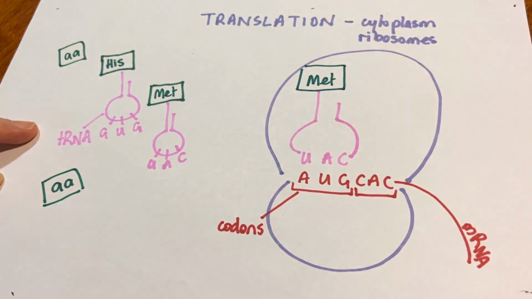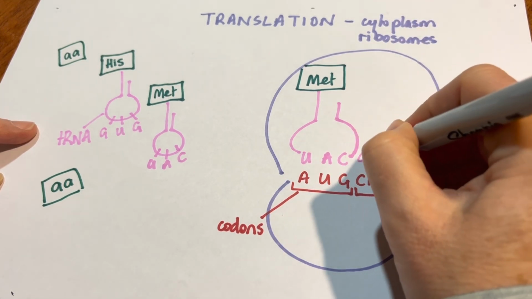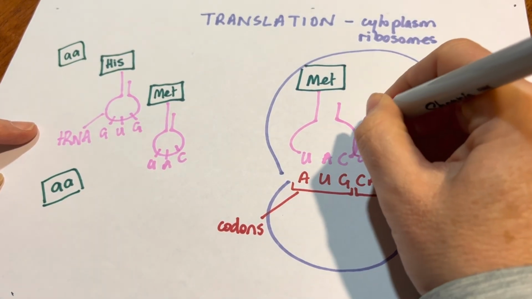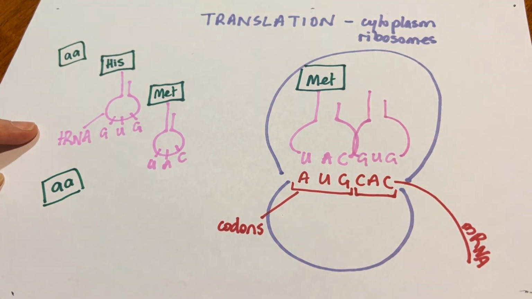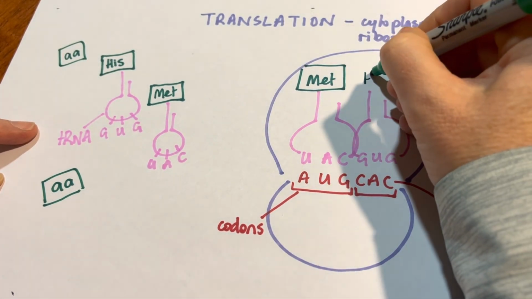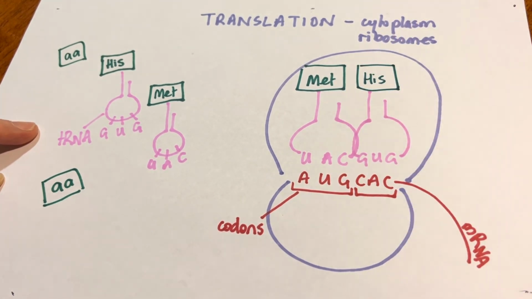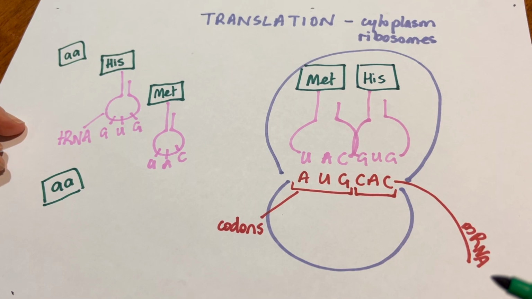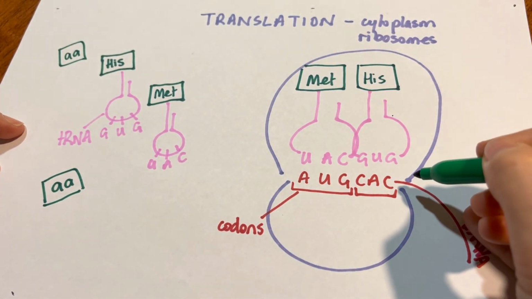And then above this one, we will be able to fit in G, U, G, and the tRNA here with its amino acid histidine. And now we've got them really closely aligned in this structural sort of factory for making proteins.